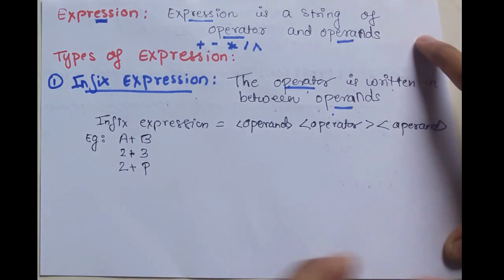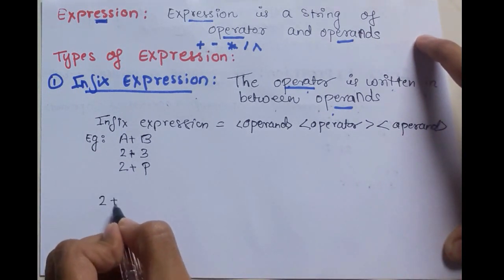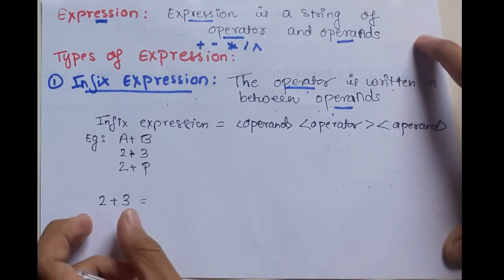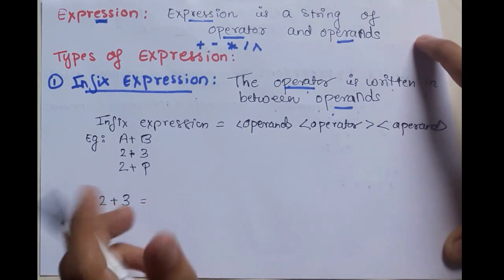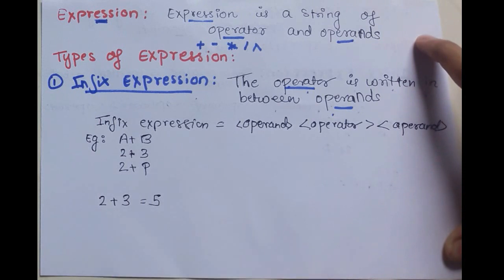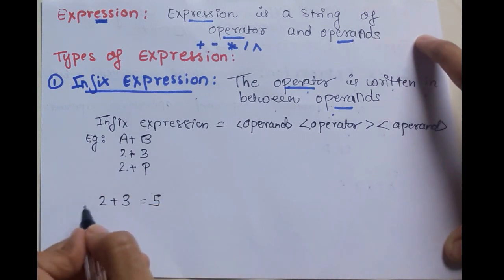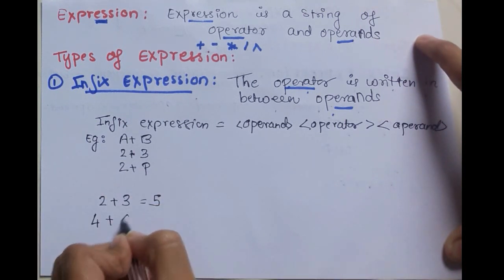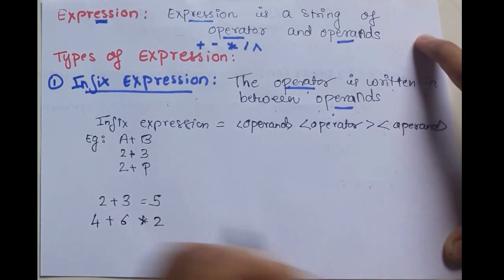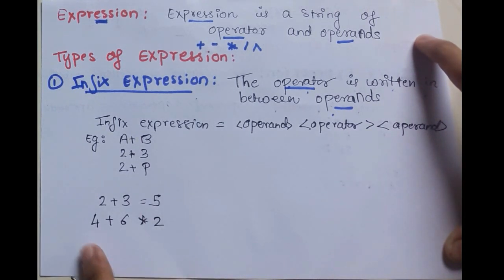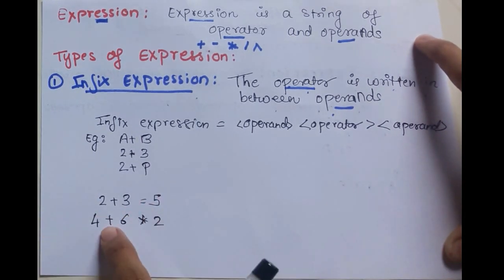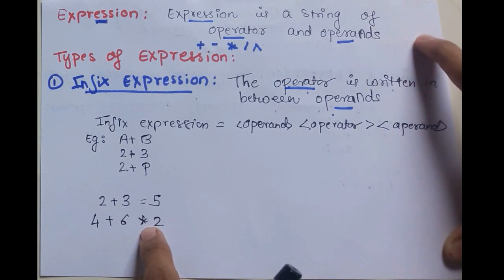Now let us evaluate the infix expression. So first 2 plus 3. After performing 2 plus 3, we'll get 5. Okay. Now, if the expression is a little bigger, for example, 4 plus 6 into 2. In this expression, there are two operators, plus and multiplication, isn't it?